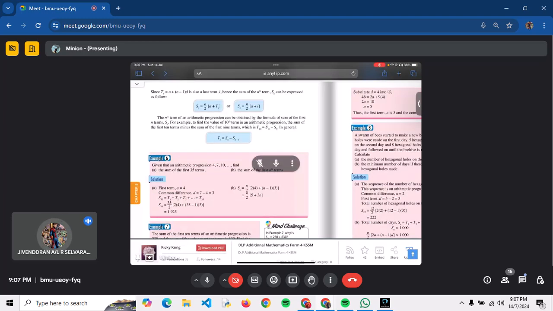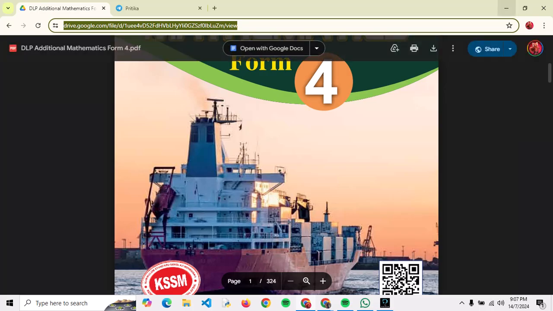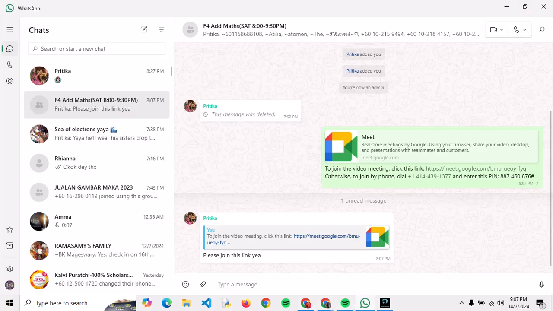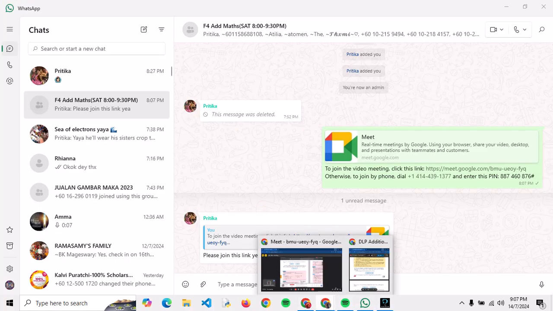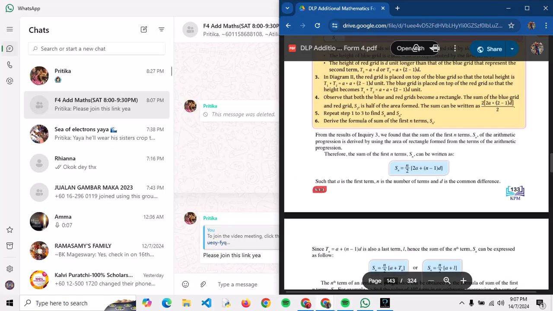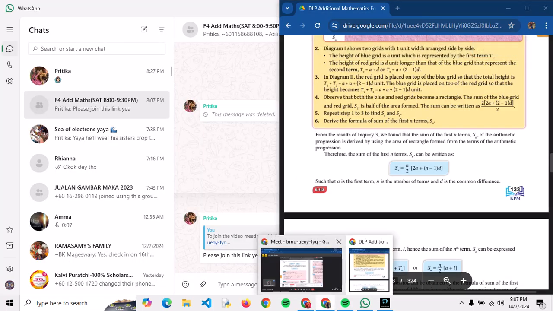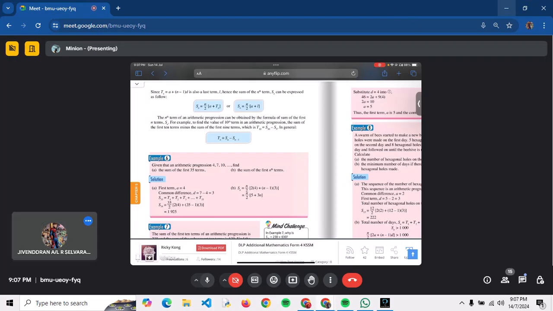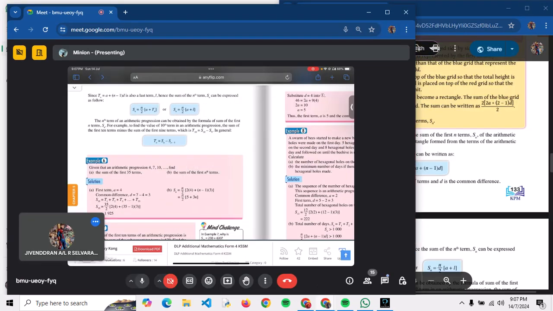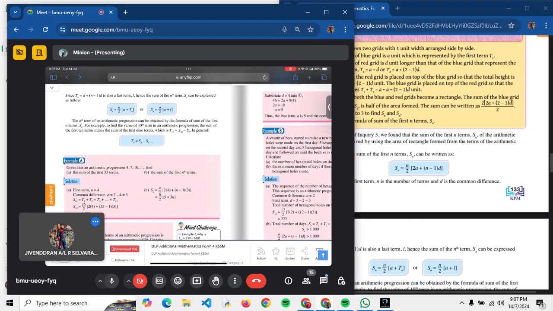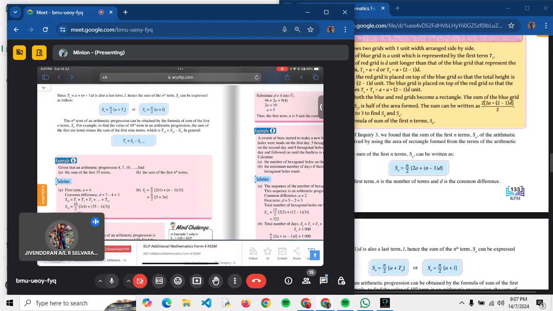The formula for Sn was Sn equals n over 2, 2a plus n minus 1 d.